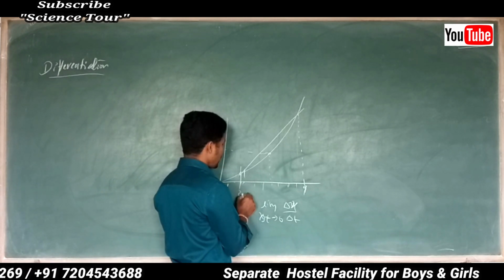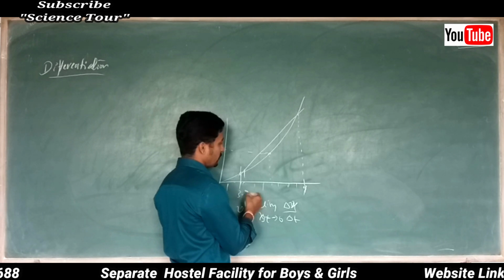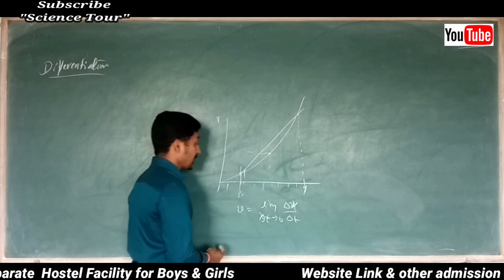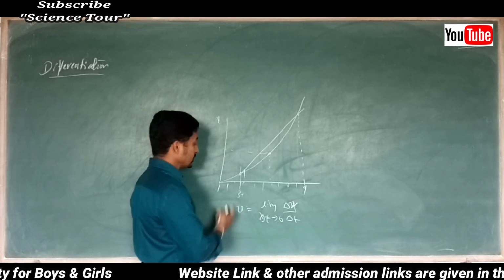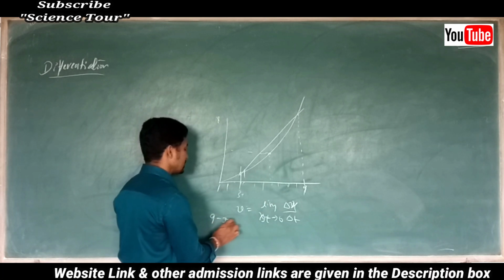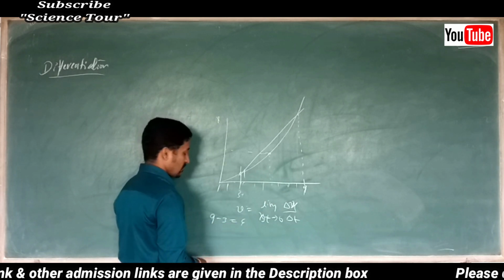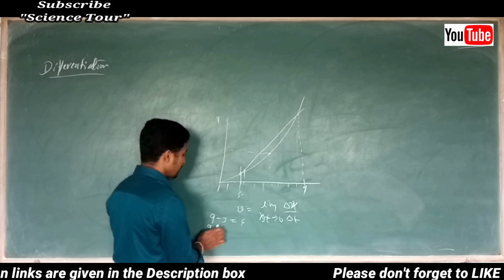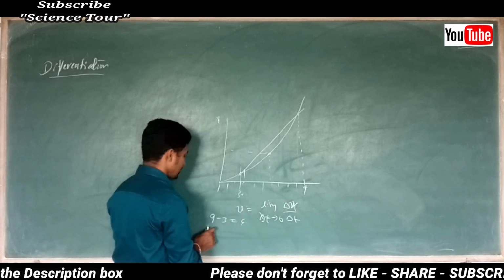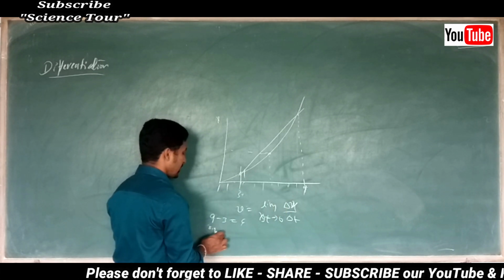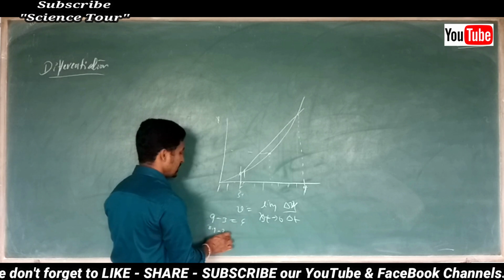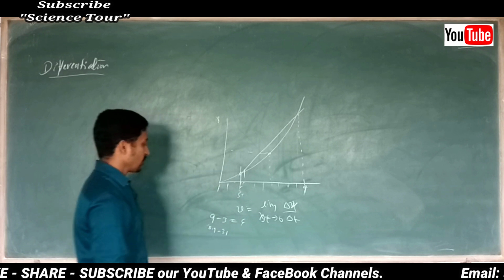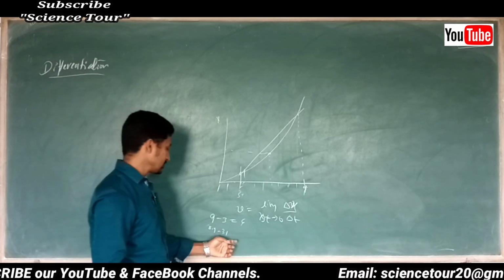Now I have to reduce the time interval. First it was 9 minus 3, which is 6. Now I will decrease 9 to 9.2 on one side and increase 3 to 3.1, 3.2, 3.4 on the other side, so the interval becomes 5.8.